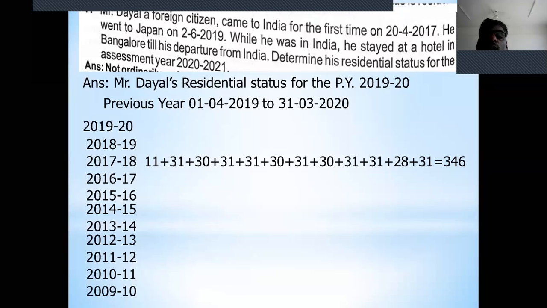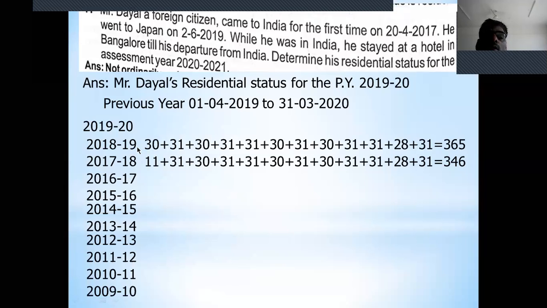Then up to 2/6/2019, he is in India. You see here, continuously I have taken the dates. April 2017, May, June, July, August, September, October, November, December, January 2018, February 2018, March 2018.